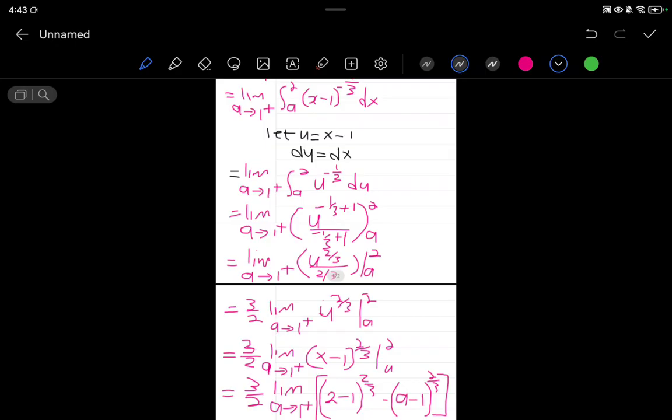It would no longer be improper. This is why we call it improper. It is impossible for us to integrate or to get to the correct solution without using the limit.